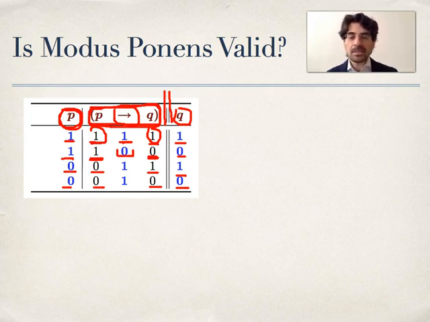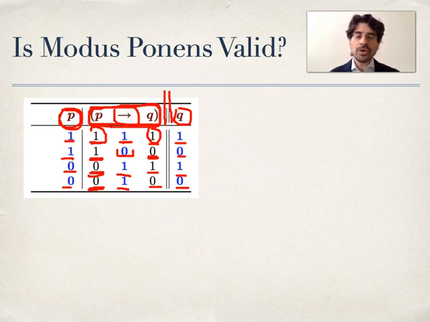If the antecedent P has truth value 0, and this is the case in the last two cases here, then we know that by definition the implication will have truth value 1, regardless of the truth value of the consequent Q. So now we have determined the truth value of both the two premises.